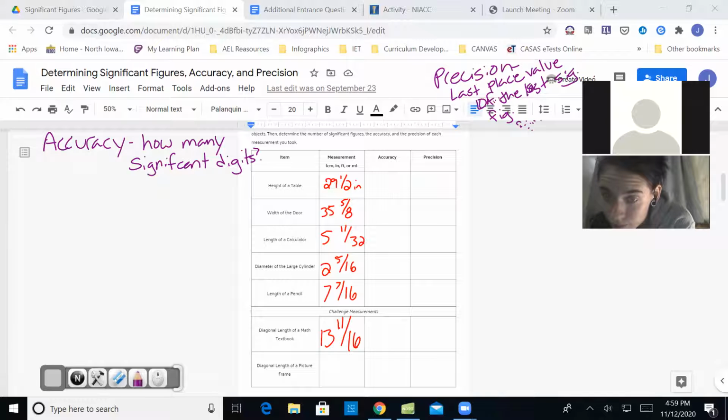I'm going to use digit and figure interchangeably. They just mean the same thing.